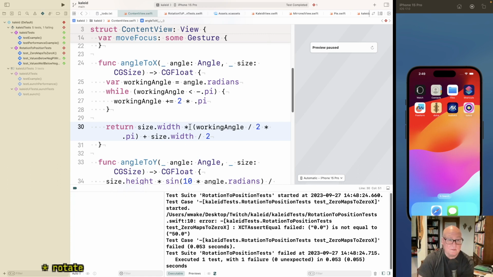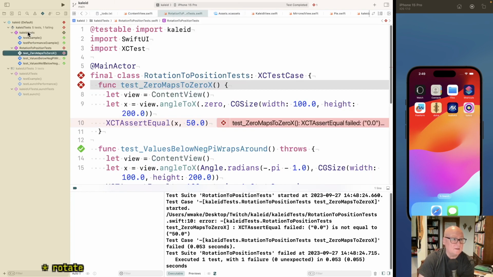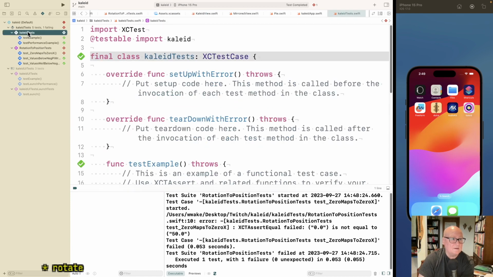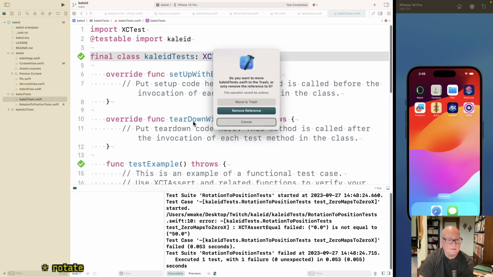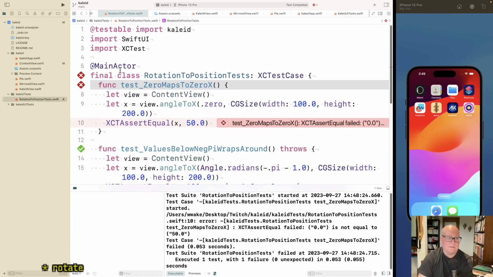Okay, so let's try that test again. Let's delete this file. We don't really need it now that we've got some real tests.